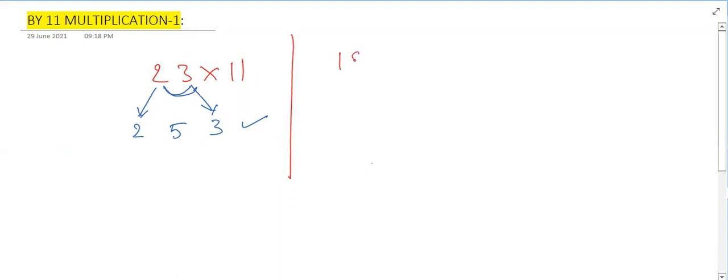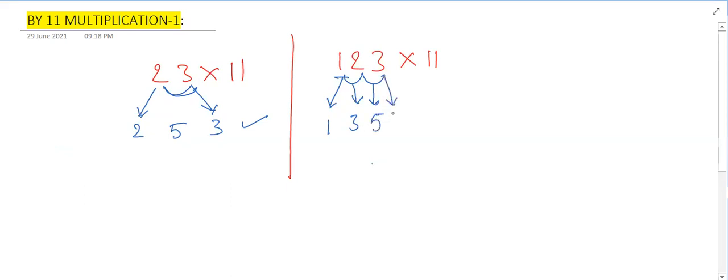Okay, see 123 into 11, suppose. Take the first digit as it is, that is 1. Next, take 2 digits. 1 plus 2 is how much? 3. Again 2 digits. 2 plus 3 is how much? 5.